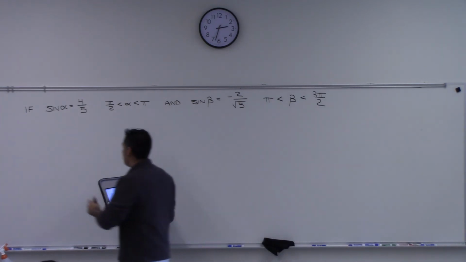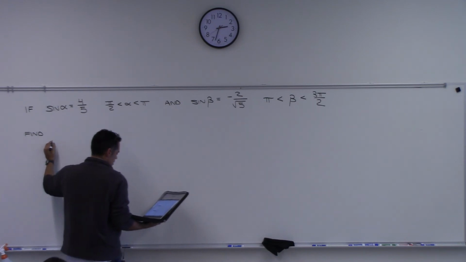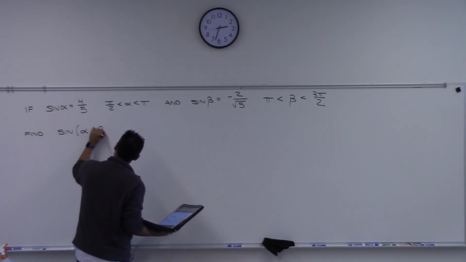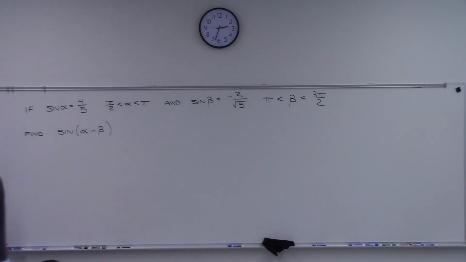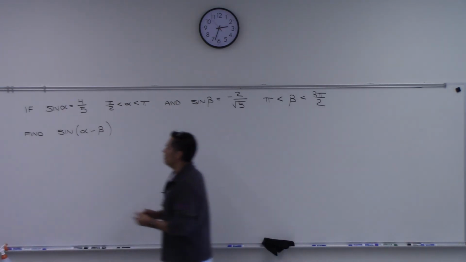I want us to find what is sine of alpha minus beta. Let's put a star next to this because this is definitely a test type problem.